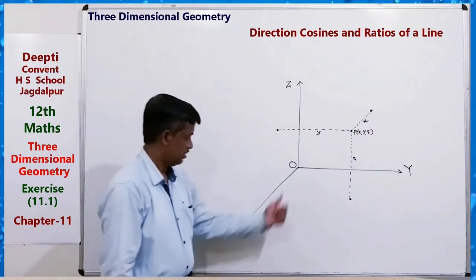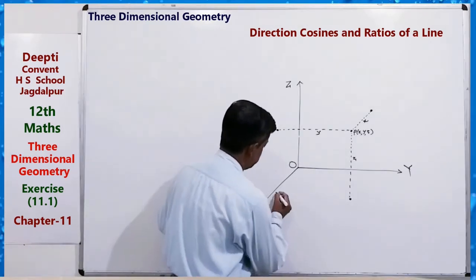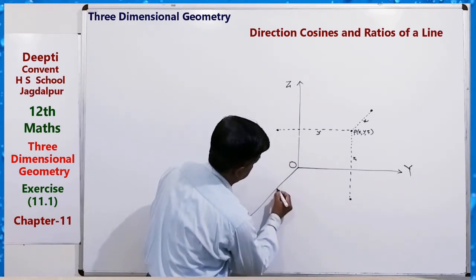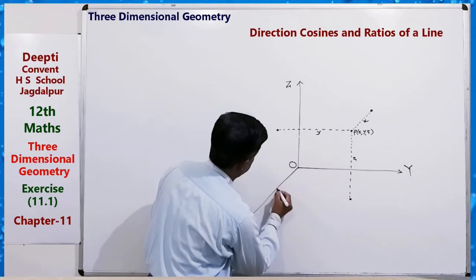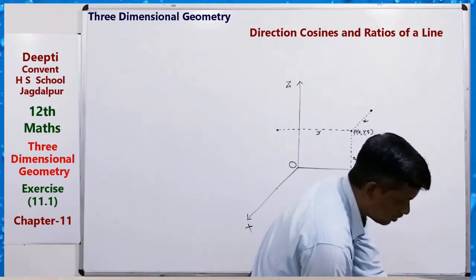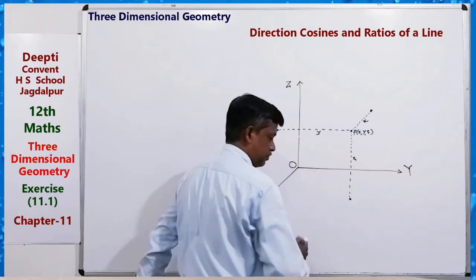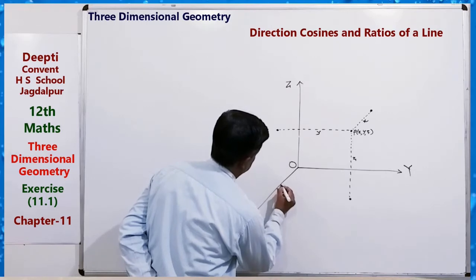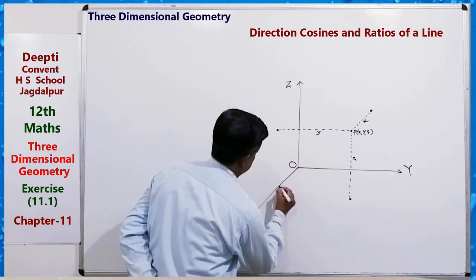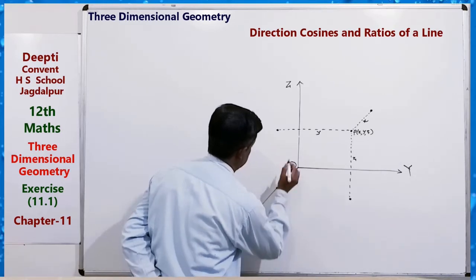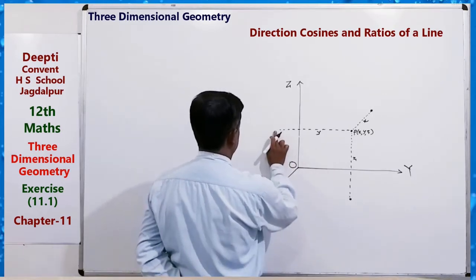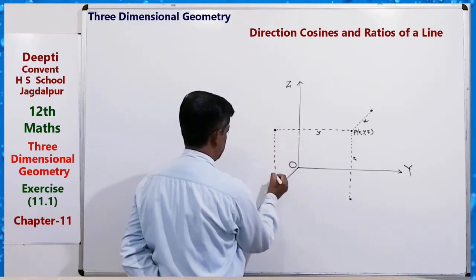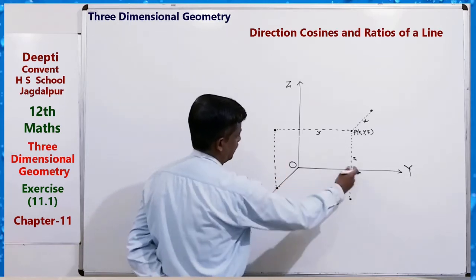Clear? Along the x-axis. So we can draw a line parallel to this. This is parallel to this line.